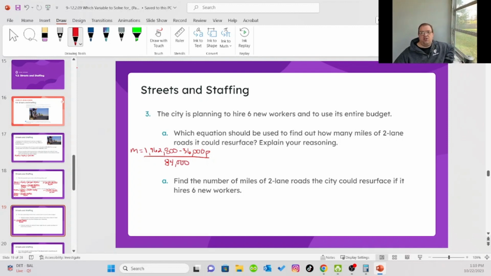This takes the number of new hires as the input and calculates the number of miles. Now they want us to find the number of miles if it hires 6 workers.